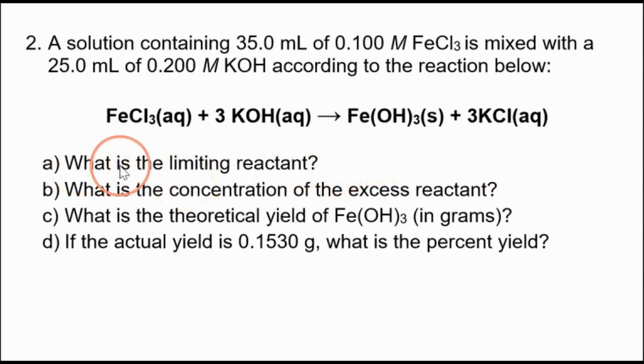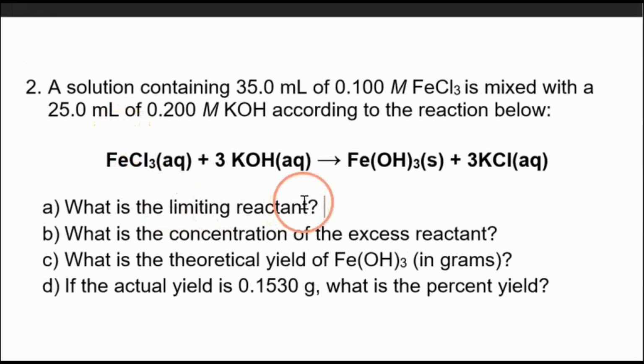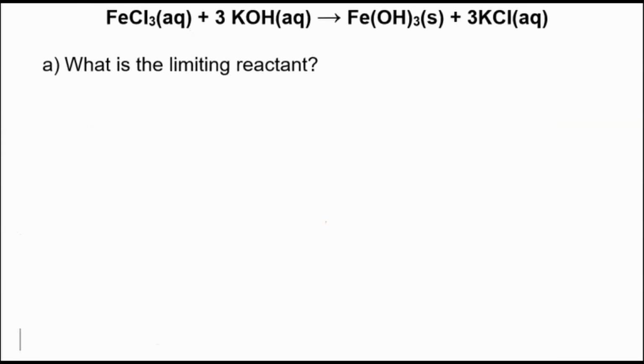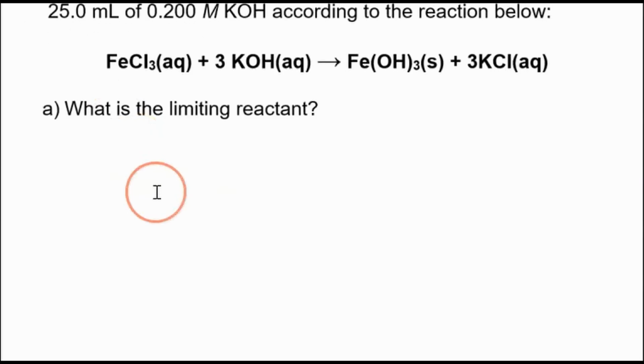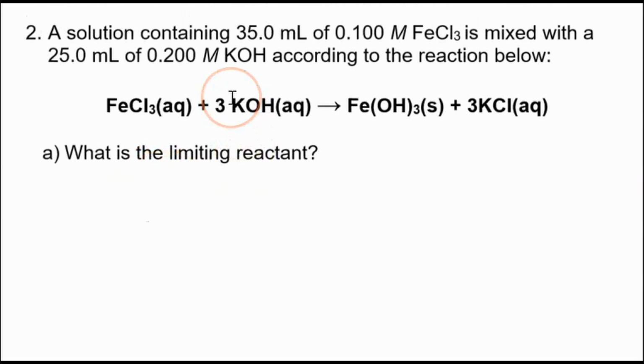So we'll jump into it, and I'll show you two ways to find out what the limiting reactant is. So I'm going to give a little bit of space here. And this is one of the more common ways that I see students do it, and there's nothing wrong with this. Totally fine. We start with one reactant, say the iron 3 chloride, and we figure out how much of the KOH we need to react with all of this FeCl3.